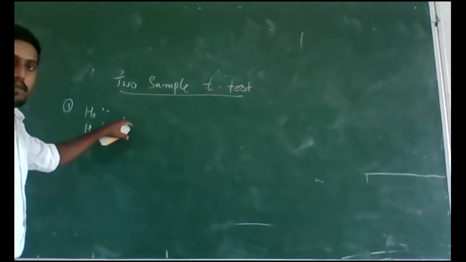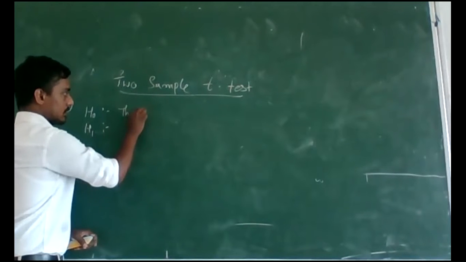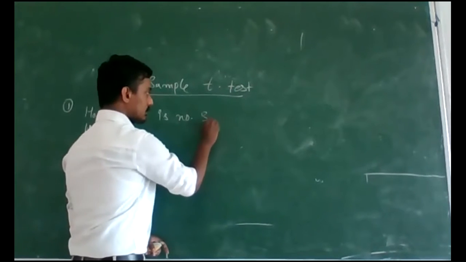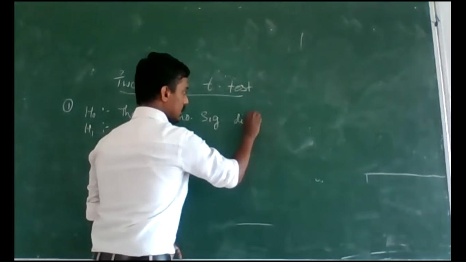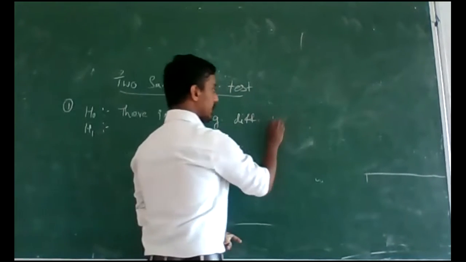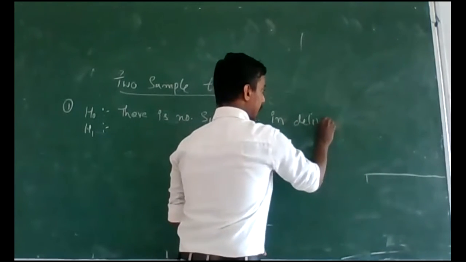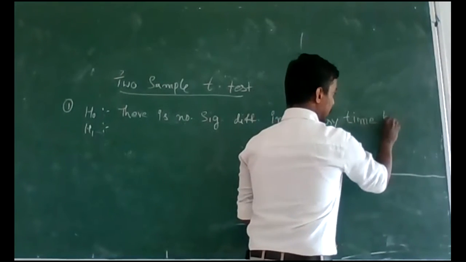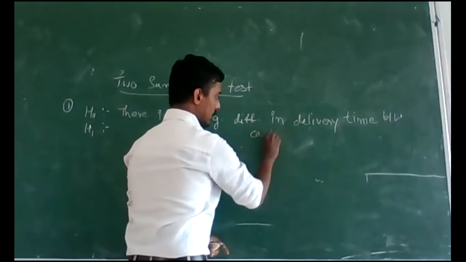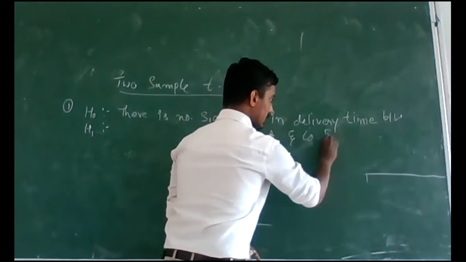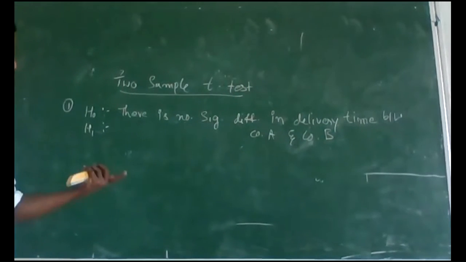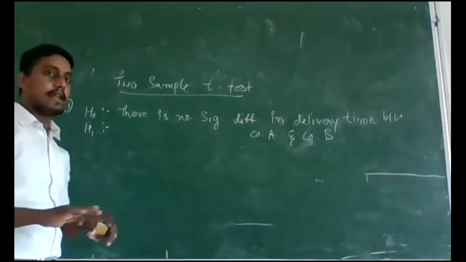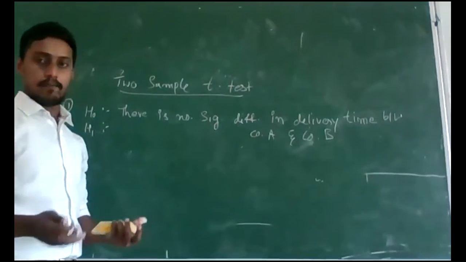In the null hypothesis we can write there is no significant difference in delivery time between company A and company B. So that is the null hypothesis, which says there is no significant difference in delivery time between company A and company B. That means the delivery times are equal.